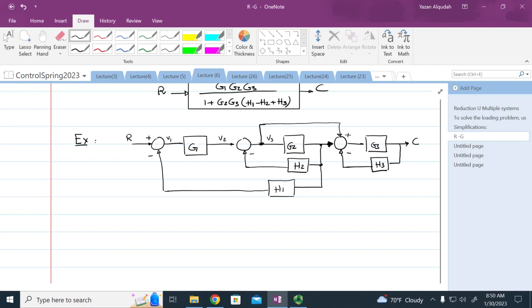Maybe you can start on the left with G1 and H1, and try G1 over 1 plus G1 H1 maybe. We cannot, because this block is not in a form we can just use.